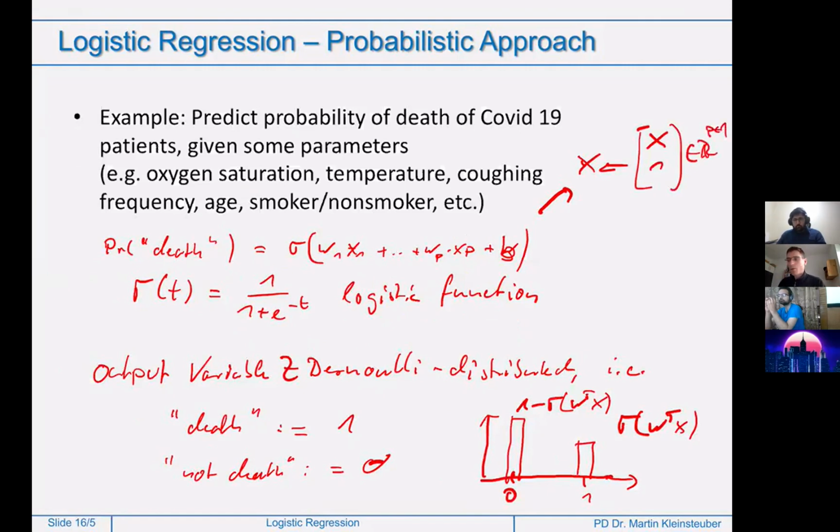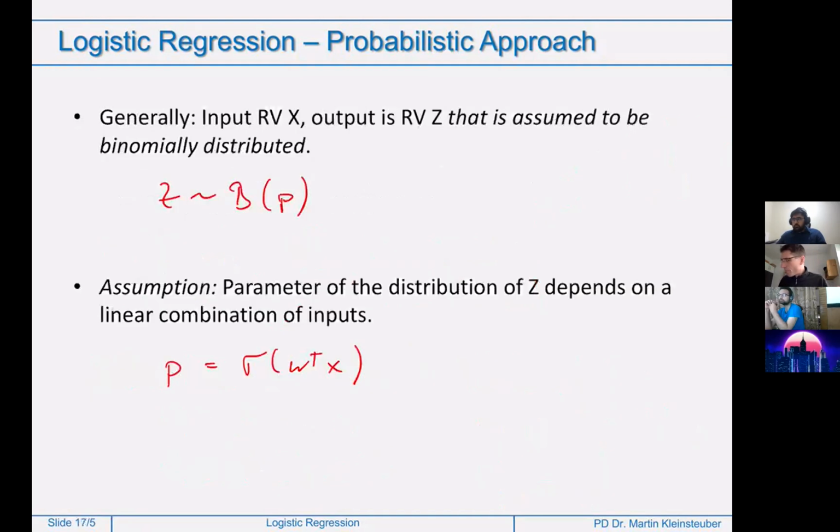This is also sometimes called homogeneous coordinates. And if you use this notation, you can shortly write this W transpose times X, right? And the former B is the last entry of your weight vector here. Okay, so this is just another shorthand notation that simplifies our life. And this is why I write here the W transpose times X. Okay.